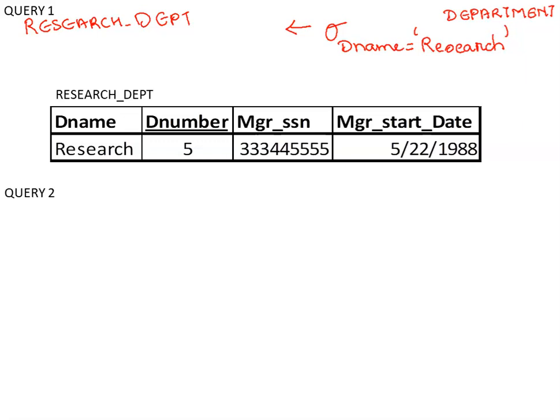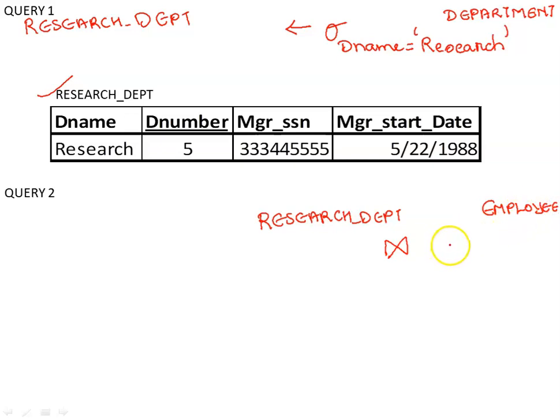Next, I apply a join operation on the research department relation and the employee relation. So research department join with the employee relation.